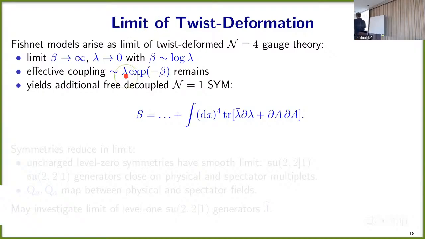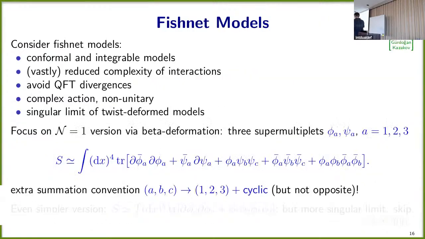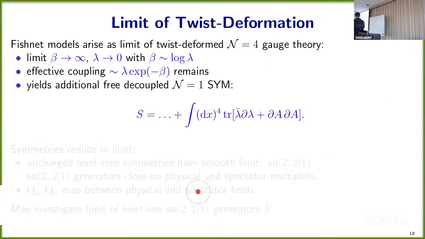And it does result in exactly this model, but with one or two additional terms. These are kinetic terms for a decoupled N=4 super Yang-Mills multiplet, a vector multiplet, but it doesn't interact, so you may as well drop it. All the interactions with the rest have been suppressed by this limit.